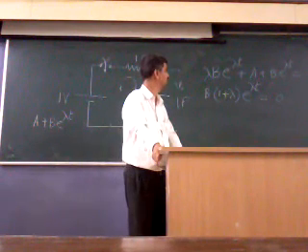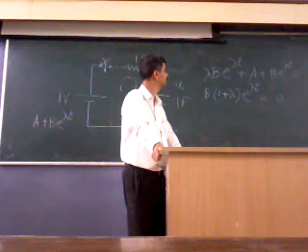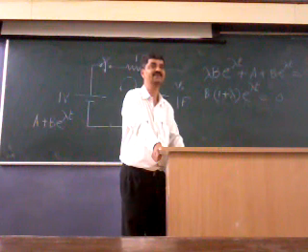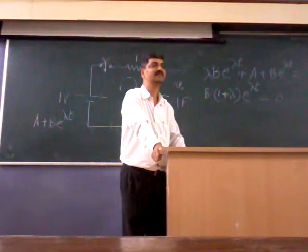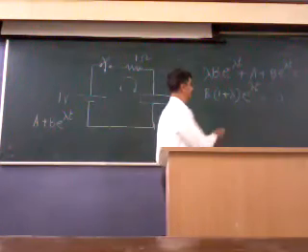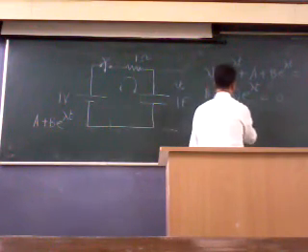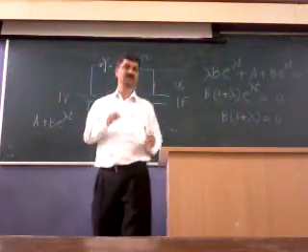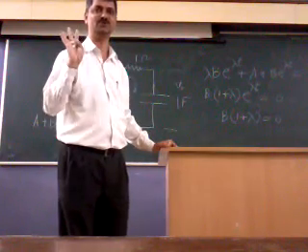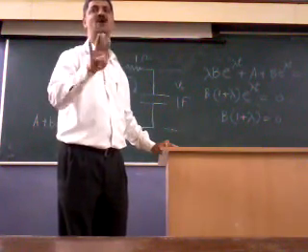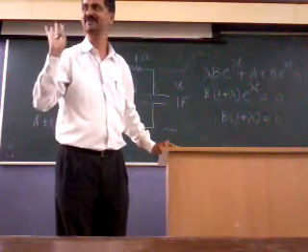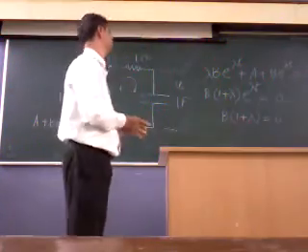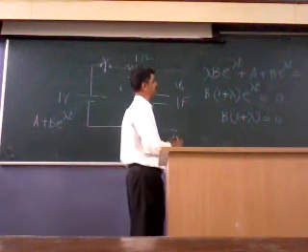So we get b into 1 plus lambda is equal to 0. Means either b must be equal to 0 or lambda must be equal to minus 1.